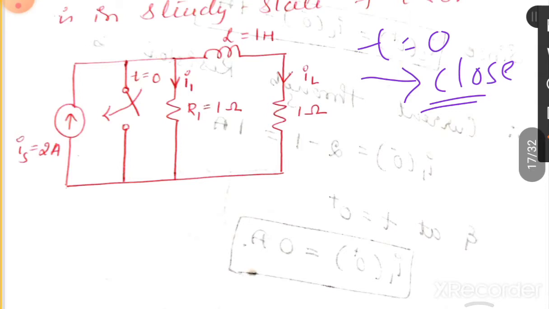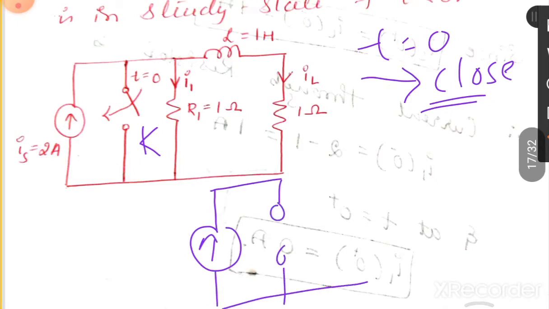Before this action it was an open circuit, so the resistance remains a resistance. Remember the switch was open for a long time, because they have mentioned it is a steady state. The circuit is in steady state, which means for a long time, so final conditions we have to apply.